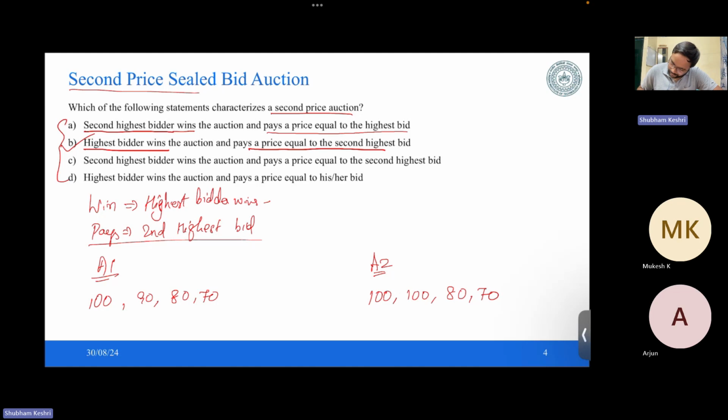These are player 1, player 2, player 3, and player 4 in each. In A1, who is the winner? P1. What does he pay? 90. All right. In the second case, who is the winner?